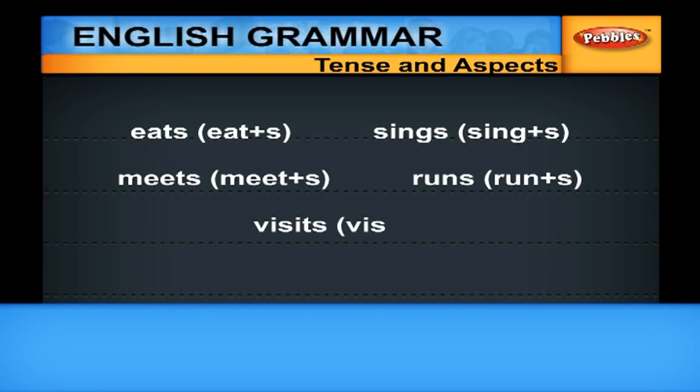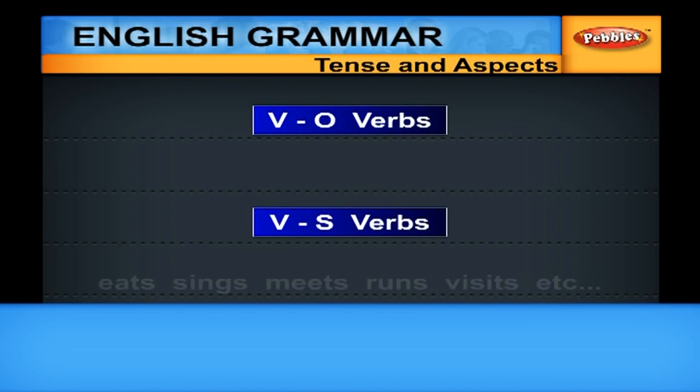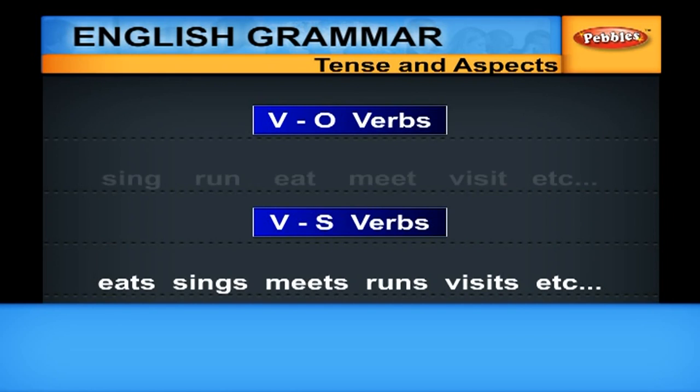Visits, visit plus s. Since we add s to these root verbs, we call them VS verbs. VO and VS verbs are in the present tense. We use VO and VS forms in the present tense.